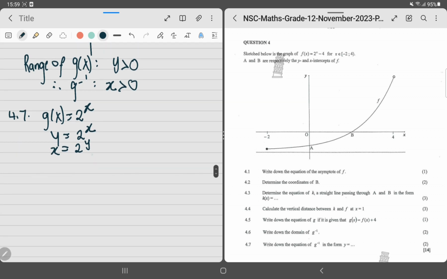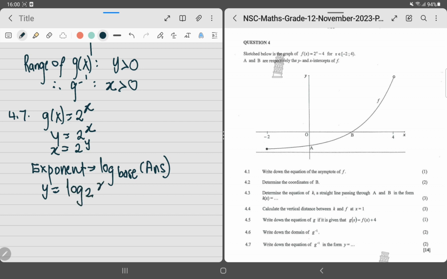The way that we do this, we say the exponent should be equal to log of the base times the answer. So the exponent here is y. Log the base is 2 and the answer is x.